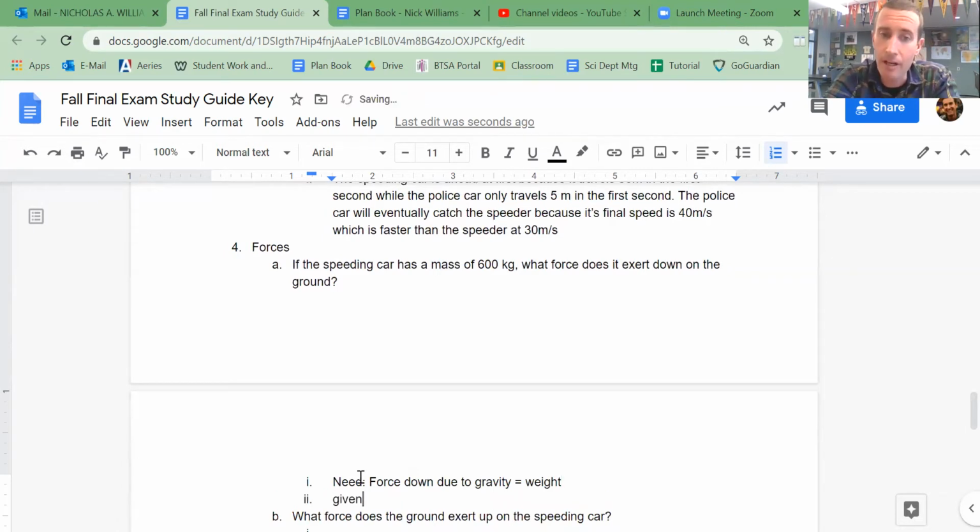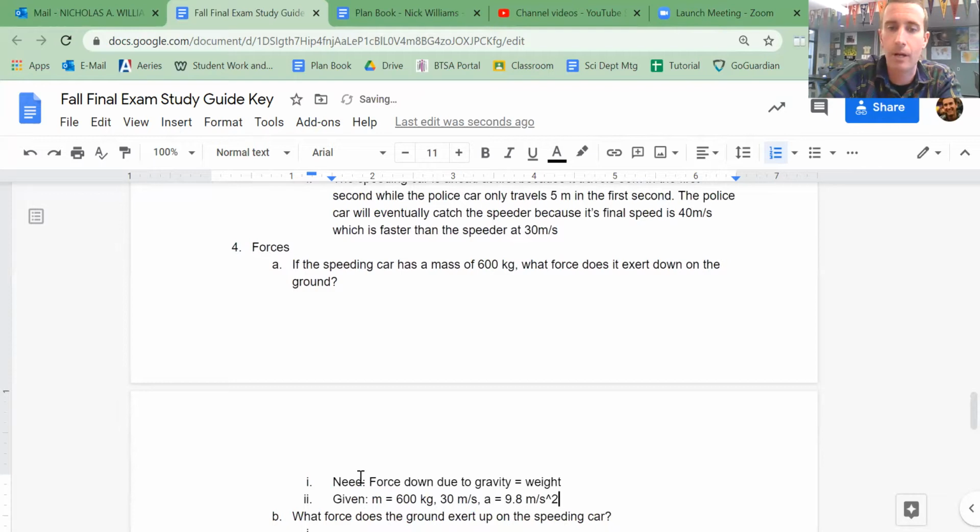I am given a variety of things. I am given the mass is equal to 600 kilograms. I am given the speed of the car is 30 meters per second. And since this is due to gravity, I know that the acceleration due to gravity is equal to 9.8 meters per second squared.